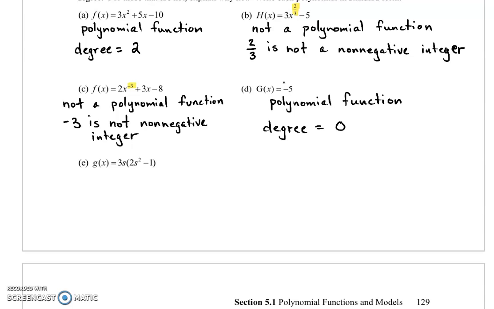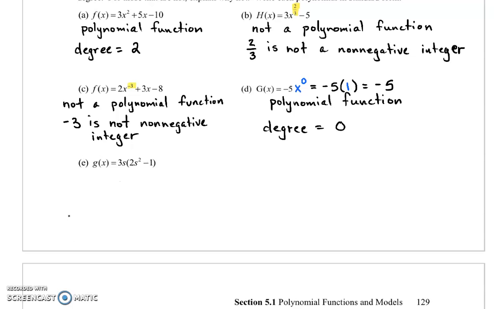And that's because this is just a constant and has no variable attached to it. Although really it does have a variable, it has an x to the 0 power, which is what makes it degree 0. But what is anything to the 0 power? Well, anything to the 0 power is just 1, not -1. Don't know why I wrote that. Is just 1. And so there's no reason to write the x to the 0 power there.